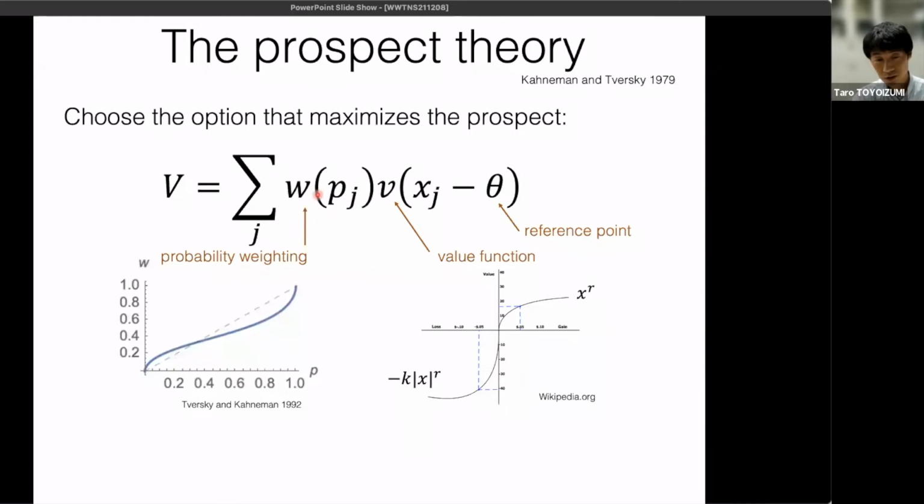This probability weighting function w converts the objective probability into a subjective probability. This nonlinear function is typically characterized by inverse S-shaped nonlinearity, so that people tend to overestimate small probability and tend to underestimate large probability. That's what the model assumes.